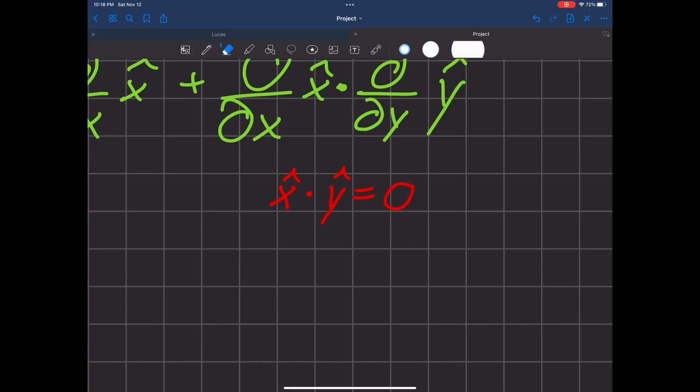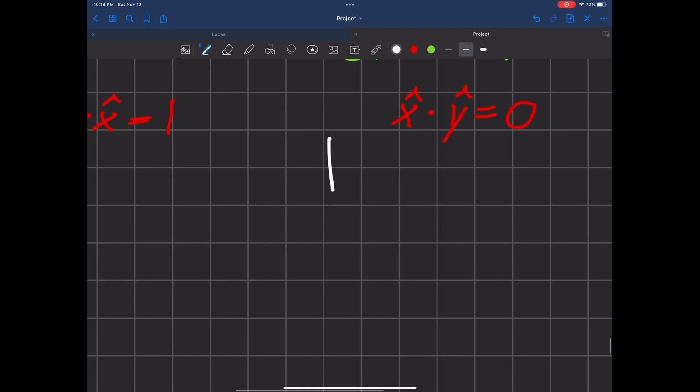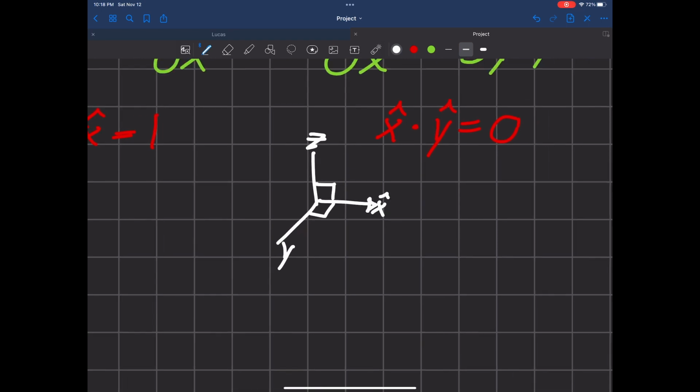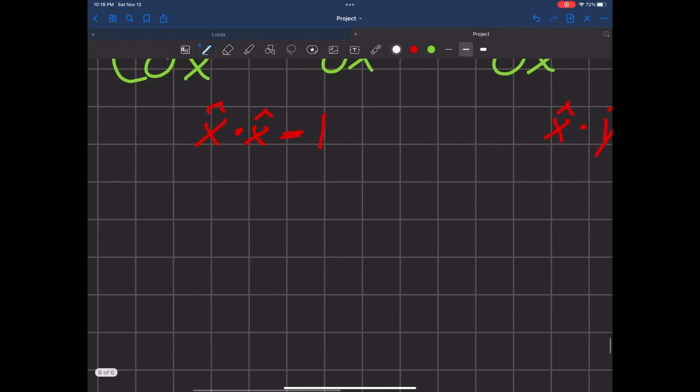And if you know your Cartesian coordinate system, you've got x, y, z. These are all at 90 degree angles. There is no component of x in the y direction. So you know it should be 0, and 100% of the x hat is in the x hat direction, because x hat is a unit vector, so its magnitude is 1.